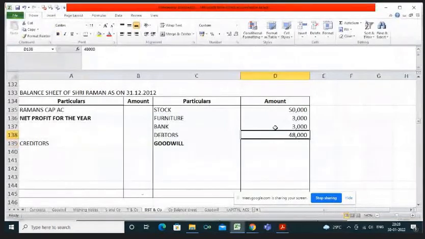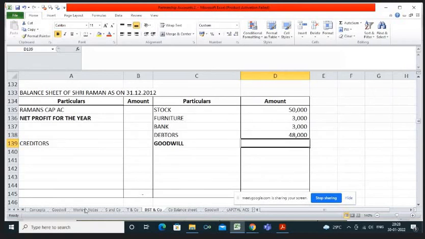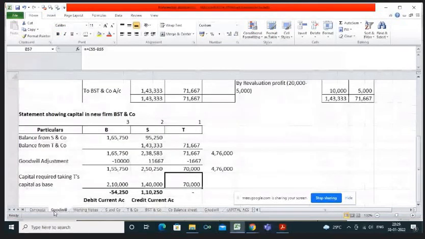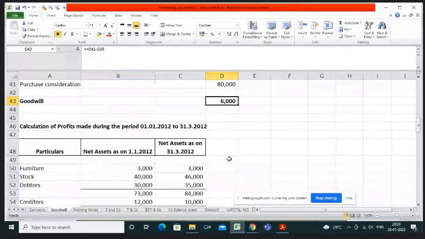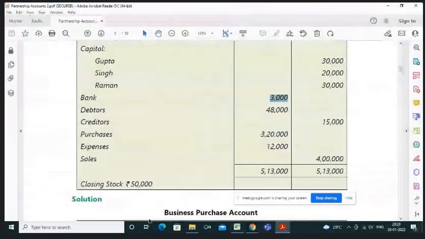So 3,000 is the bank. Then there is goodwill. We have worked out that there is a goodwill of 6,000, so that we need to show here.